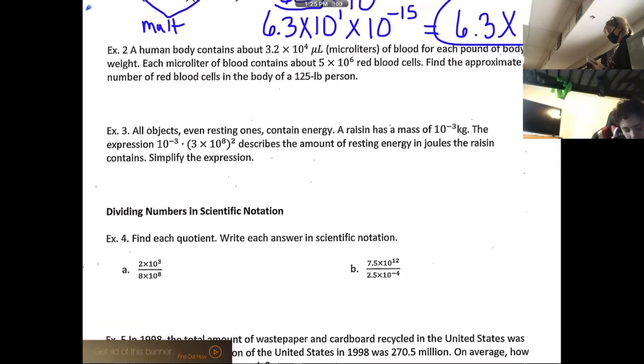Ethan, what do we have to do with these numbers? We've got this guy. That's how many microliters of blood are in each pound of one person.